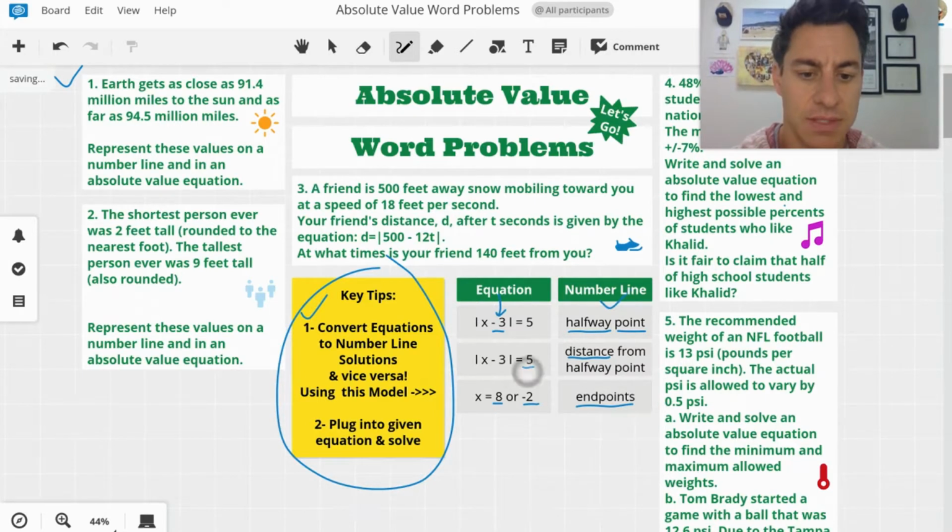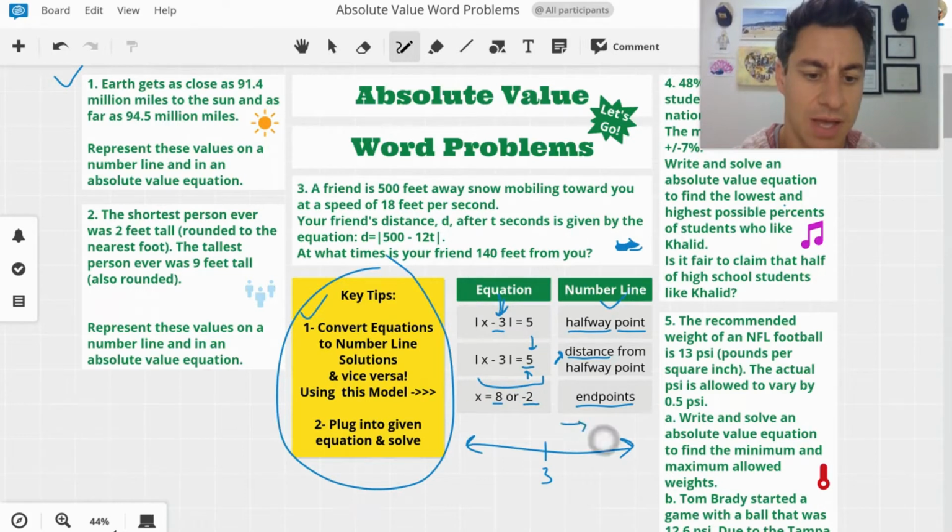We're going to take this number here, what the absolute value equation is set equal to. That's going to be your distance from your halfway point. So to highlight what we're talking about right here, we said that our halfway point is going to be the number 3. And then we said whatever the absolute value equation is set equal to, that's our distance from the halfway point.